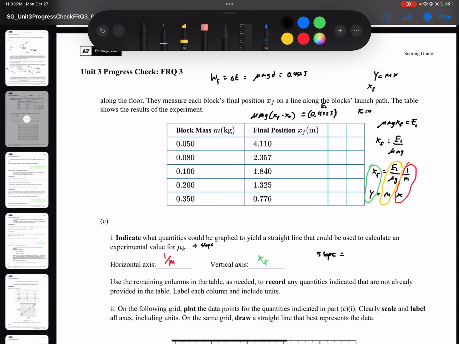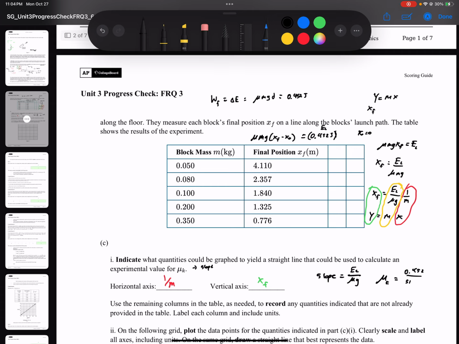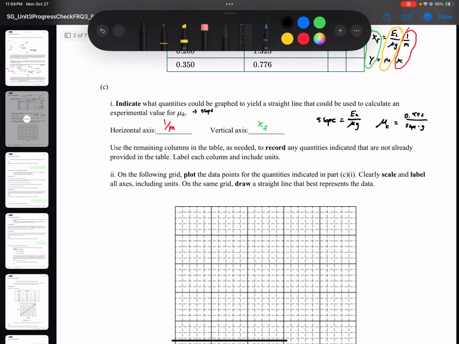So the slope is going to equal the energy of the launcher divided by mu times g, okay? So if I want to figure out mu, or mu sub k, I'll do the energy of the launcher, the 0.452 joules divided by the slope of the line times the acceleration due to gravity. All right, and that's how I would find mu sub k in the experiment.